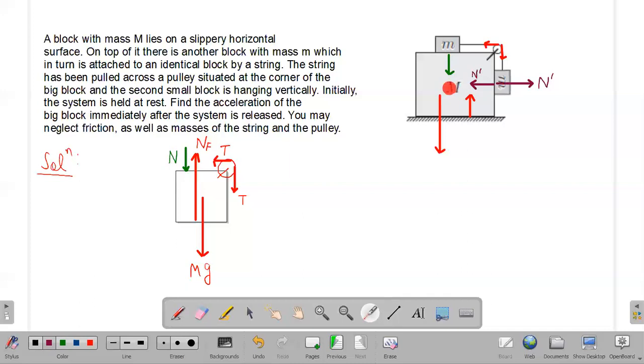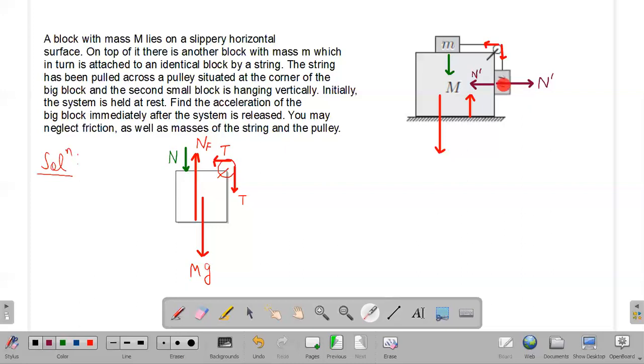And what about capital M? This capital M has horizontal forces towards the left side only. The tension force on the pulley is to the left side. This normal N dash is also to the left side. There is no force acting in the horizontal direction towards the right side on this mass capital M. All the horizontal forces on this mass M are to the left side, and all the horizontal forces on this hanging mass are to the right side.